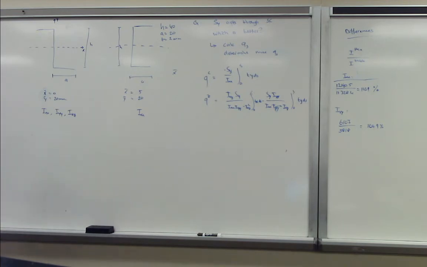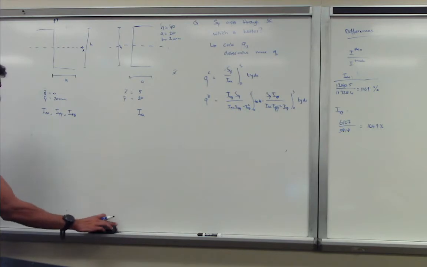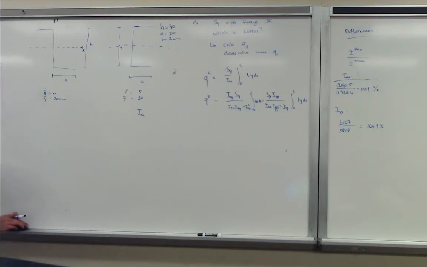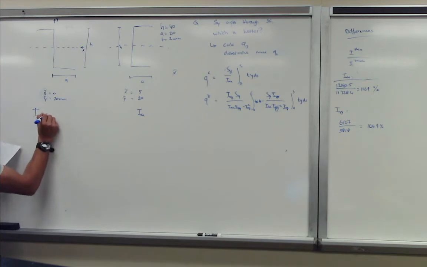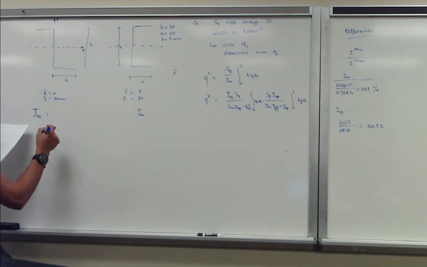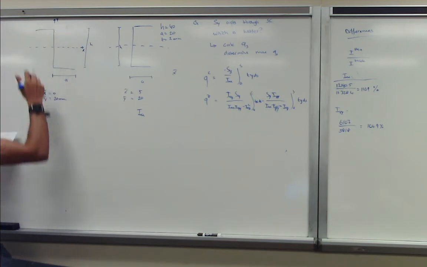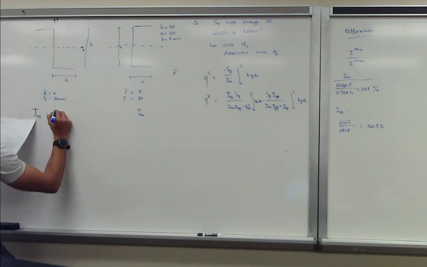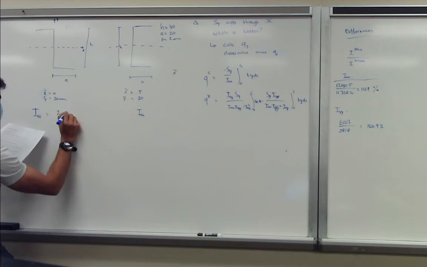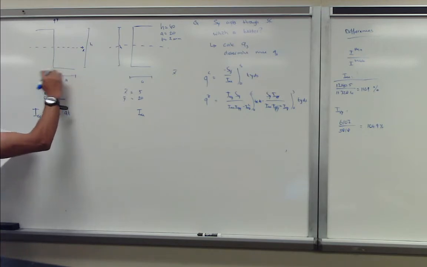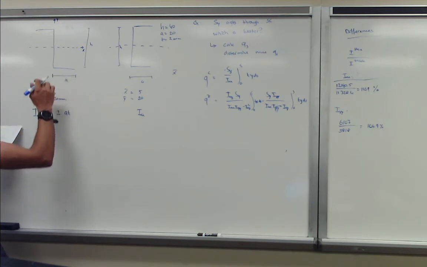Okay, so let's calculate the moment of inertia for the Z section. We calculate IXX first. And we know that these two are basically symmetric, or like these two are the same length, so we're going to use that to our advantage. We can calculate AT. And we also know that this doesn't have any contribution, it only has the standard term contribution.